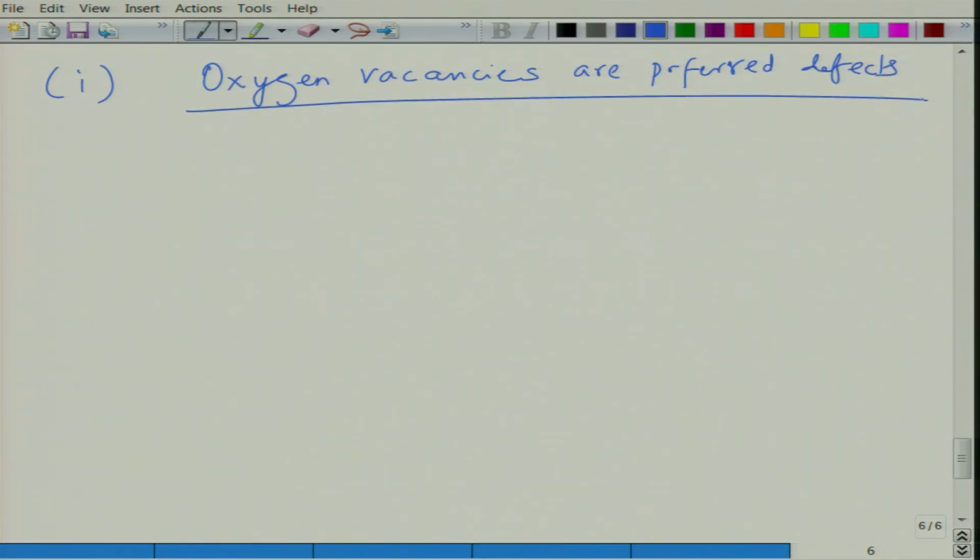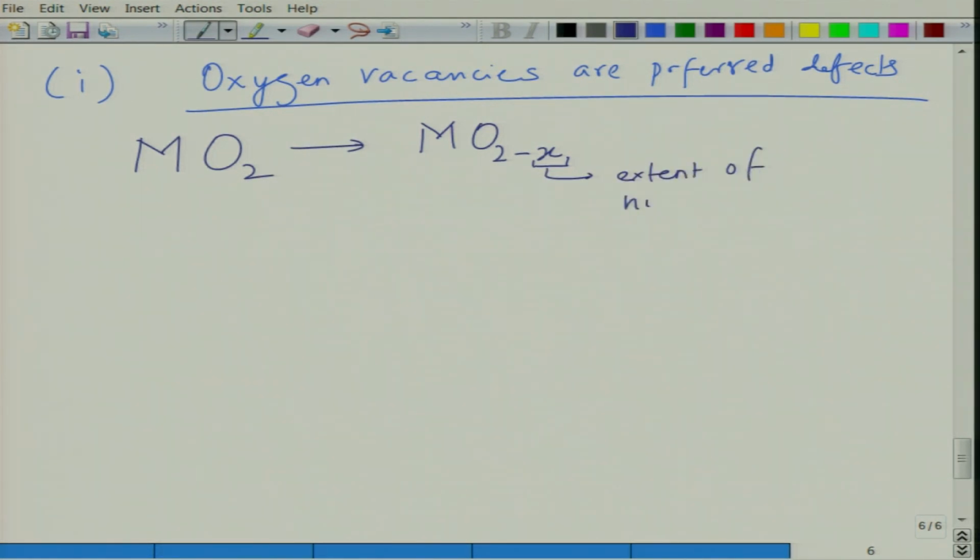So, let us say for a change a different material. We start with an oxide called MO2, and this MO2 can be written as MO2 minus X, or delta, whatever you want to write, where X is the extent of non-stoichiometry.